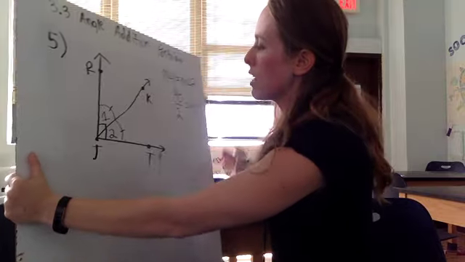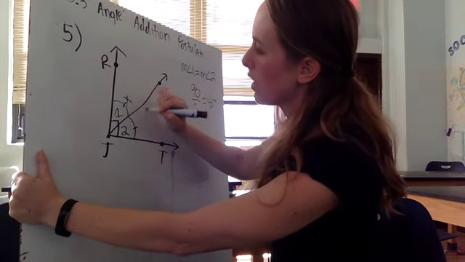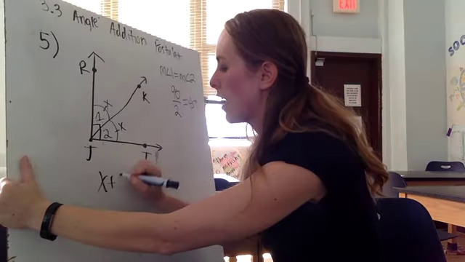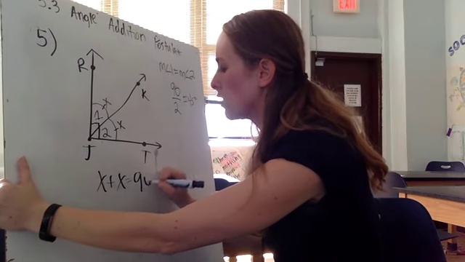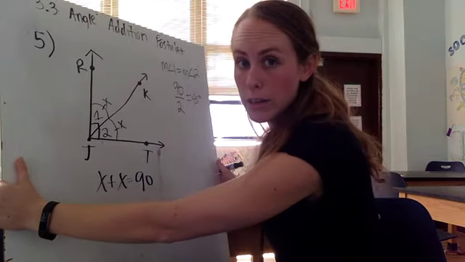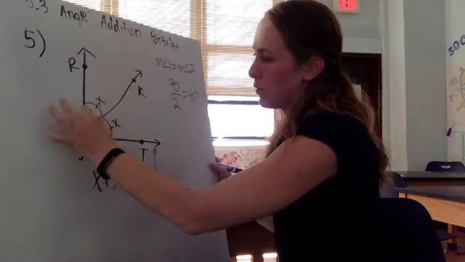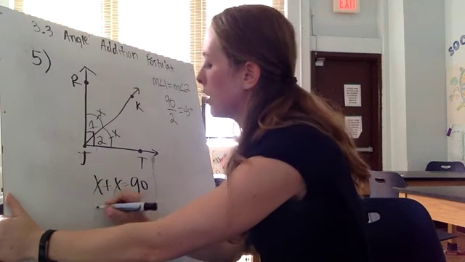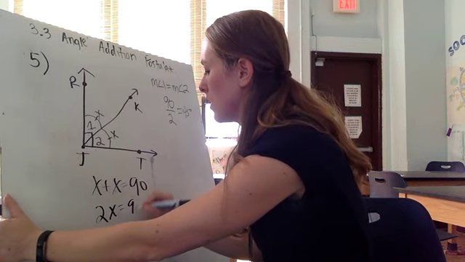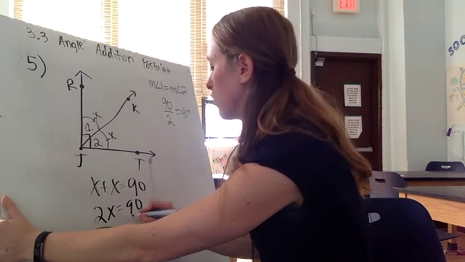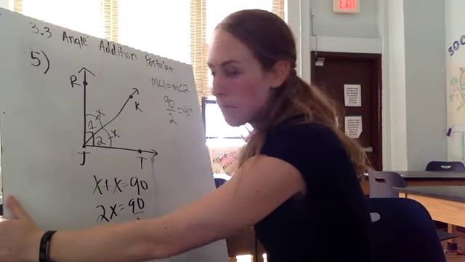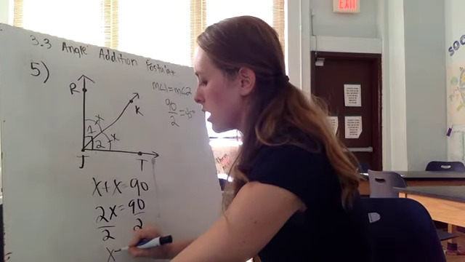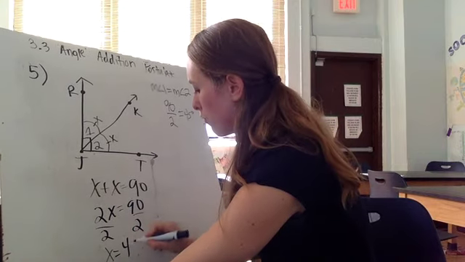Another way to think about this is saying, again, this is x, this also has to be x, and x plus x has to equal 90. Using the angle addition postulate, saying that this little angle plus this little angle has to equal the whole angle, and that would give me 2x equals 90. I divide both sides by 2, and you can see I end up in the same spot because x will equal 45.